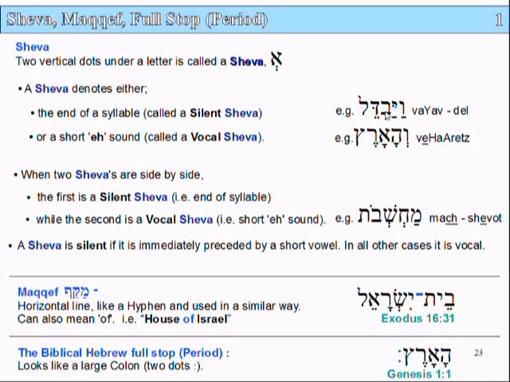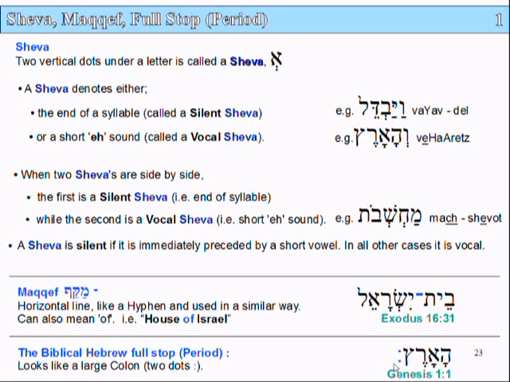So they're not like two dots underneath a letter, like the Sheva, but they're two much bigger dots, and they are at the end of a sentence. This is in biblical Hebrew. So this is just a full stop in Hebrew. A full stop in biblical Hebrew is two dots, one above the other, and they're often a kind of diamond-shaped two dots. Here they're two round dots.